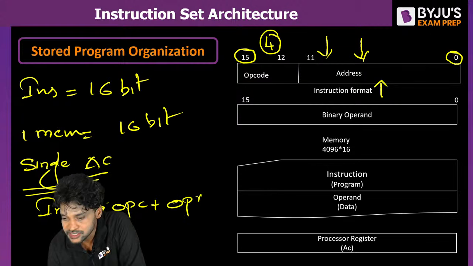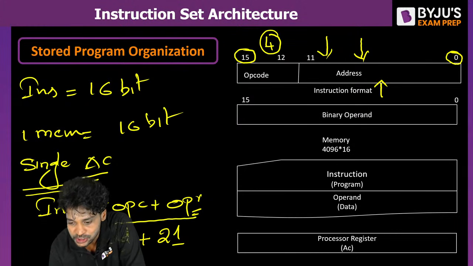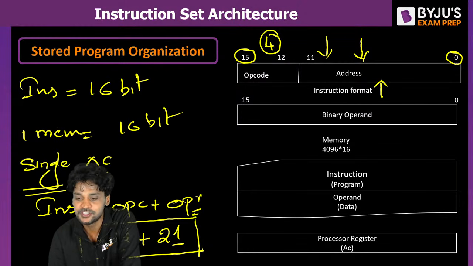That's all. Sir, where is the second operand? Let us say I want to perform addition. In order to perform addition, I require at least two operands, right? One operand is provided within the instruction in some form. The second operand will not be provided within the instruction. Rather, it is always a processor's register, the accumulator.